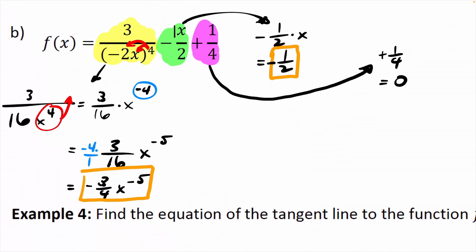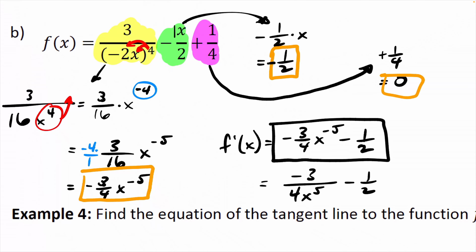So these are more likely going to be multiple choice questions that you see. This answer right here is never going to be one of the multiple choice answers. It's got a negative exponent. This is the answer you're going to see. They're both right.